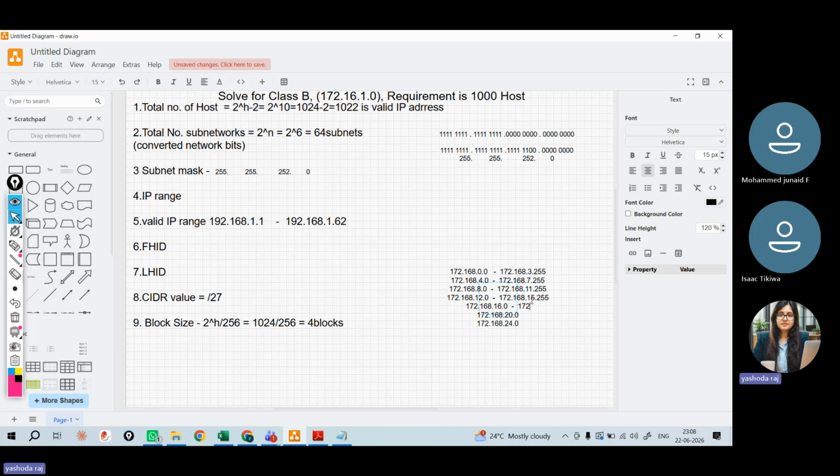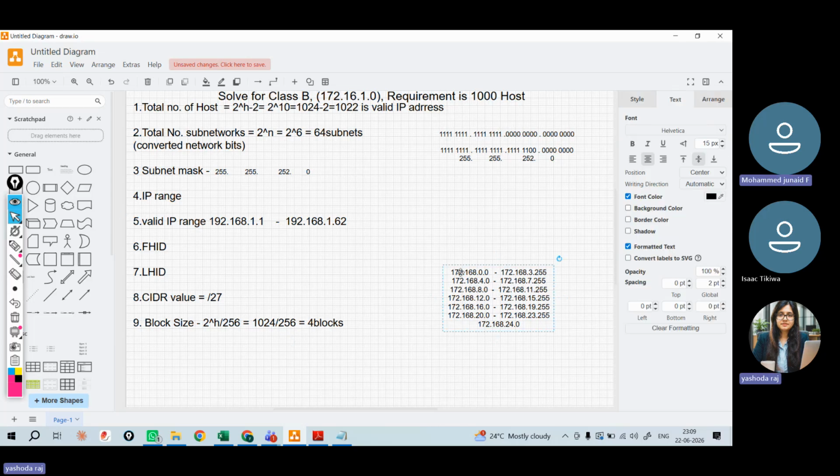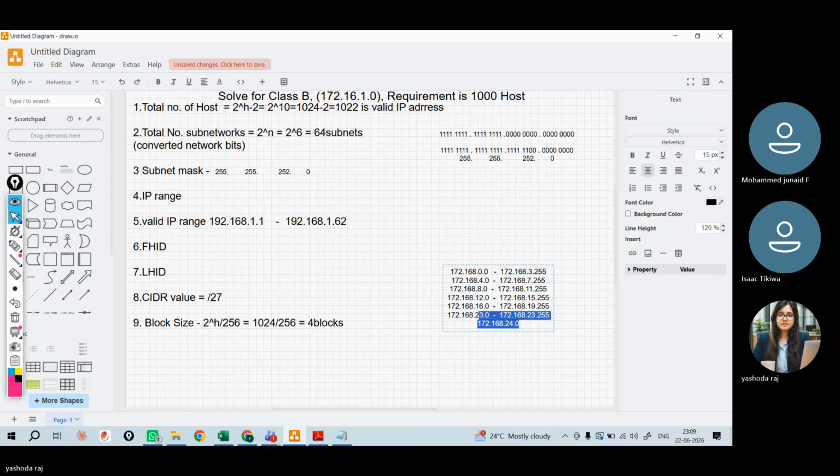For this, 19.255, then 23.255. Like this. So how many blocks did we get? 4 blocks. That means I have written more here. So the first 4 is the thing. One second, sorry.